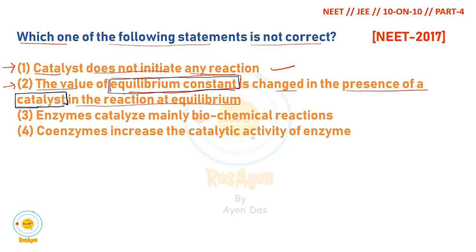So it is the wrong statement. Now see the third statement, which says enzymes catalyze mainly biochemical reactions. 100% right. And see the fourth statement, coenzyme increases the catalytic activity of enzyme. It is also a right statement. So here the right option is option 2.